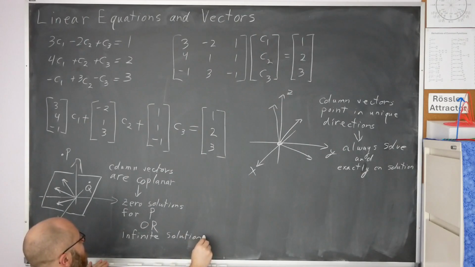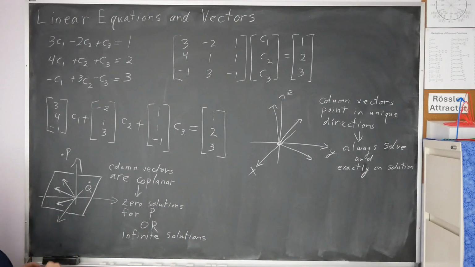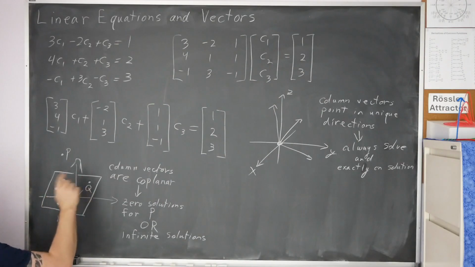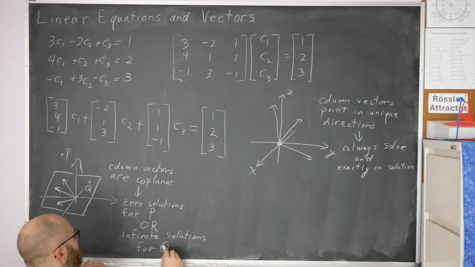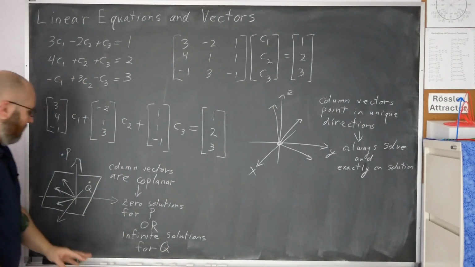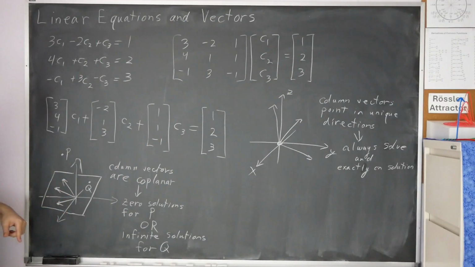Which essentially is an infinite number of ways to add together the three vectors to get to Q. So you could have zero, you could have infinite. But you only get infinite if you're solving for a point in the plane because all three vectors are coplanar, they're stuck in the plane.